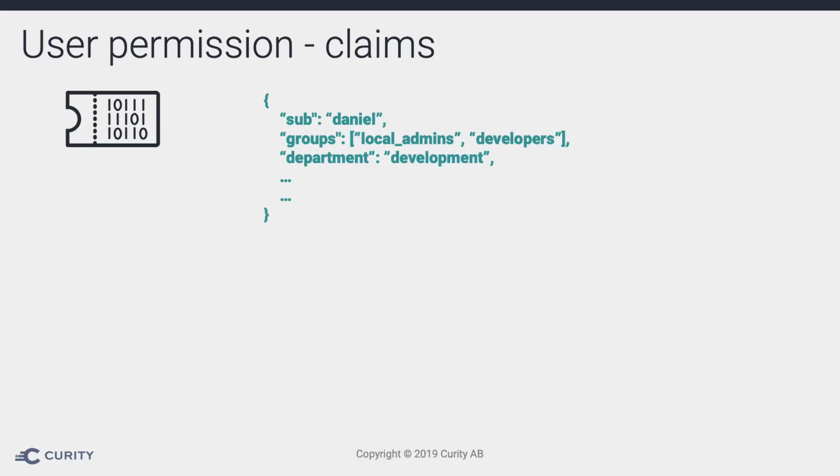We need to look at the scope parameter, saying that the client has gotten the scope list releases, but we also need to look at some other claims like groups. Daniel is part of the group developers, so he is allowed to give away this data to the client. So the union of these user permissions, the claims and the scopes, are the actual permissions of this token.